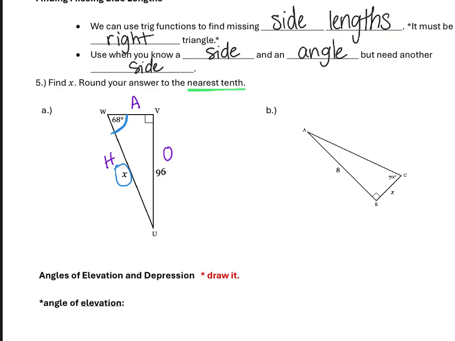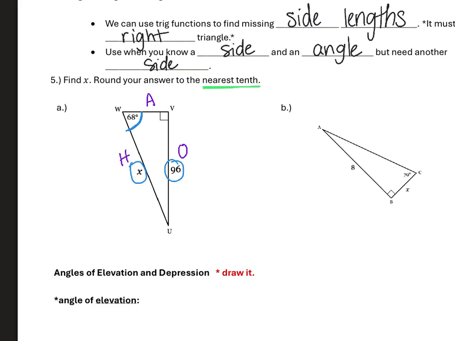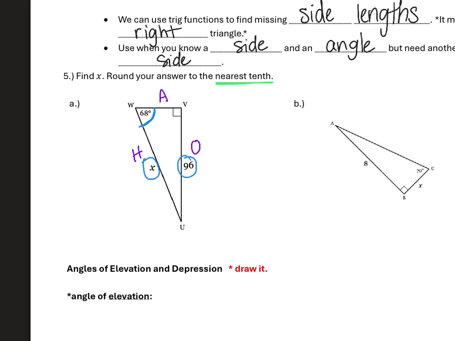So given that I have an opposite and a hypotenuse, what trig ratio should I be using to solve this? Sine, right? Sine, opposite, hypotenuse. So those are what I have. So I'm going to say the sine of 68 degrees equals opposite, which is 96, over my hypotenuse, which is what I'm trying to solve for, over x.